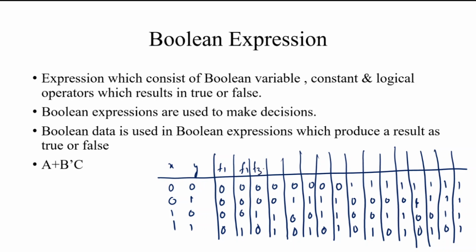Similarly we have f1, f2, f3, f4, f5, f6, f7, f8, f9, f10, f11, f12, f13, f14 and f15. The total number of functions formed is f0 to f15, which means 16 functions in total.